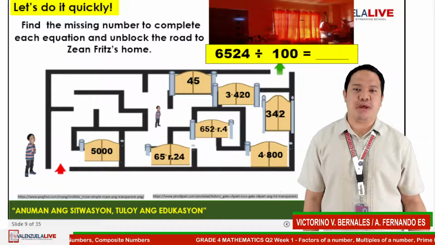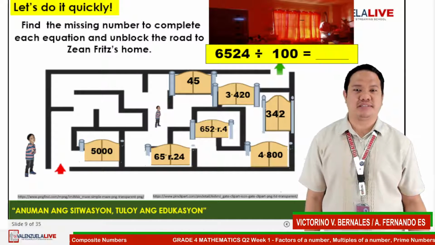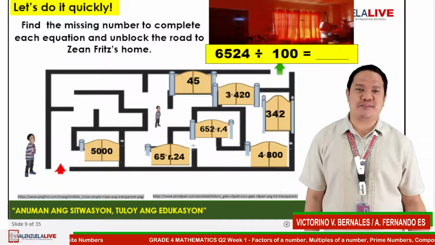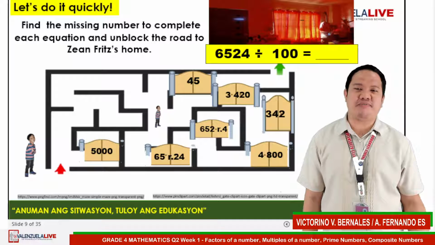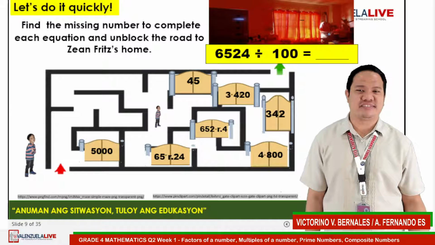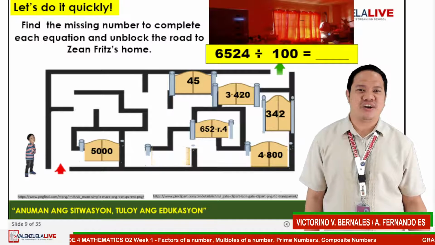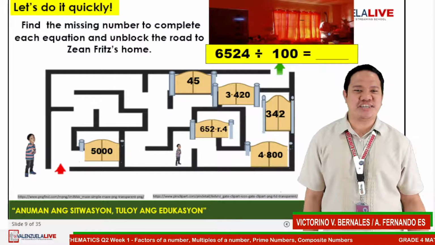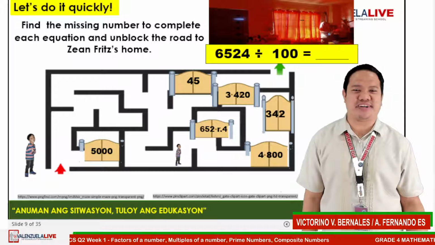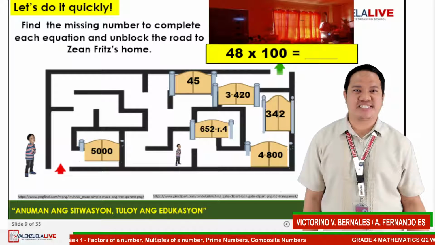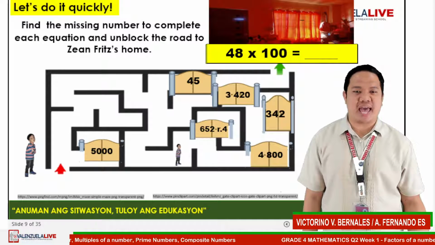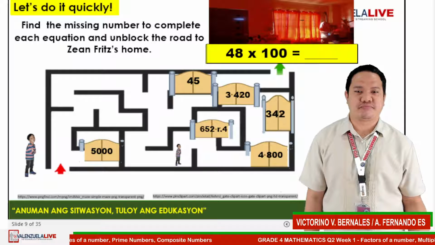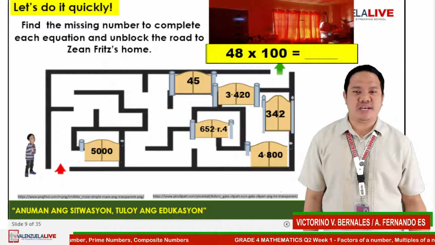Next, 6,524 divided by 100 is equal to blank. Is it 65 remainder 24 or 652 remainder 4? Correct. The answer is 65 remainder 24. Next, 48 times 100 is equal to blank. Okay?